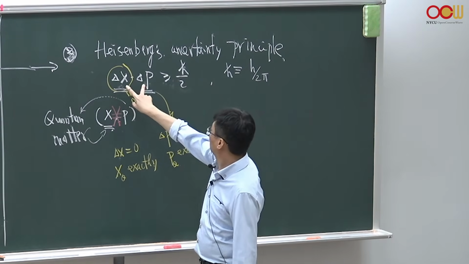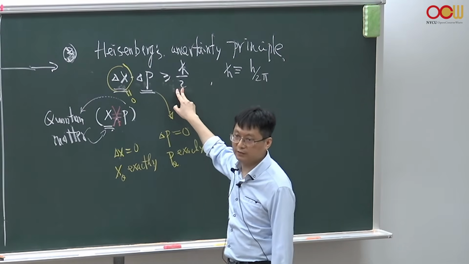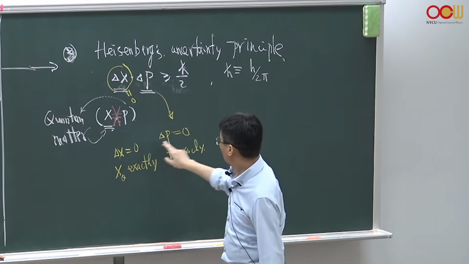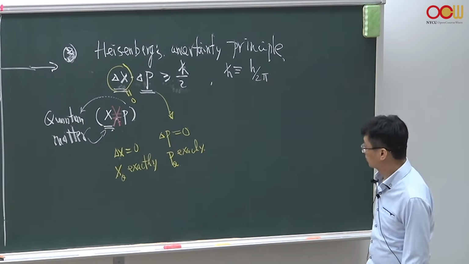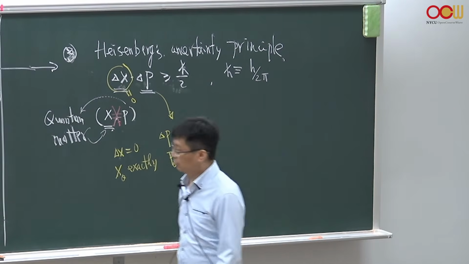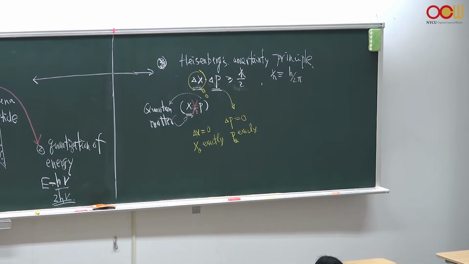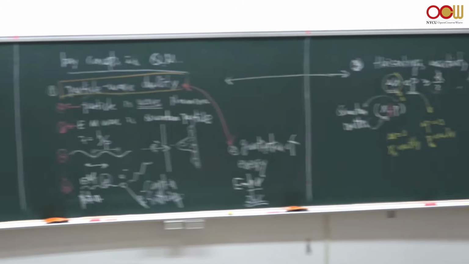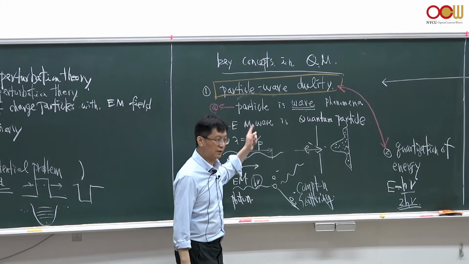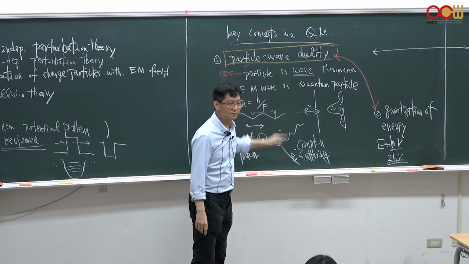Therefore the product has to be greater than or equal to this finite value, which means you cannot have delta x and delta p both vanish, so you are not allowed to know with 100% accuracy the location and momentum of the quantum matter.